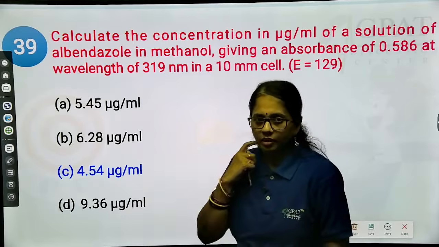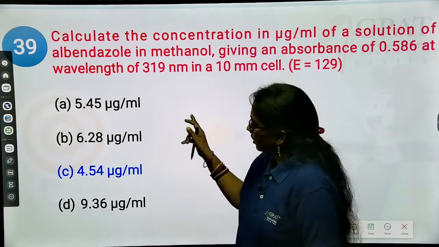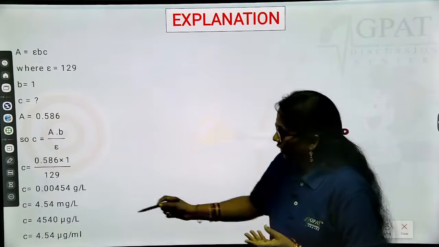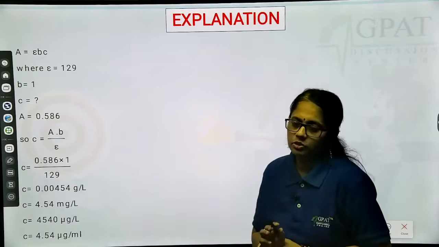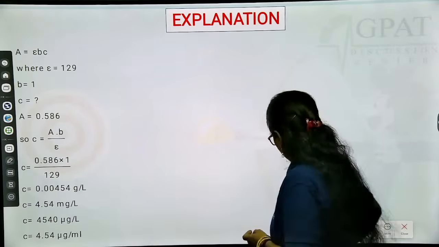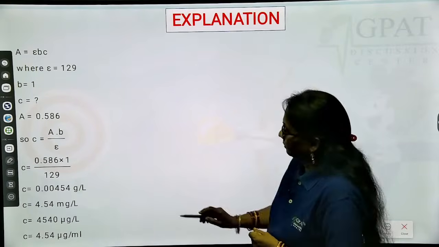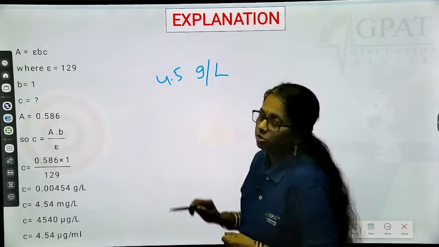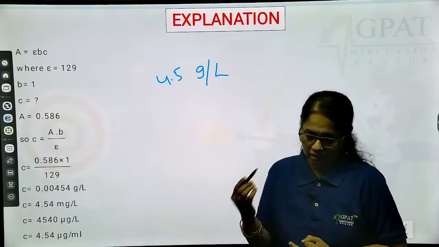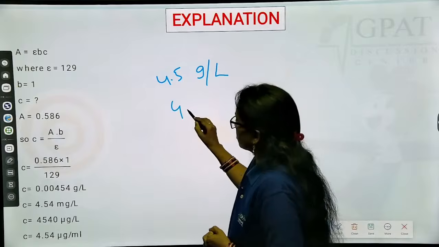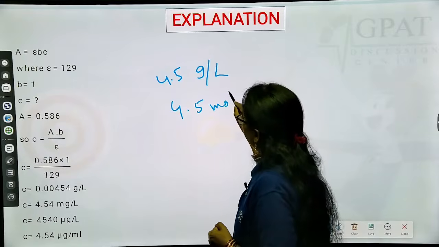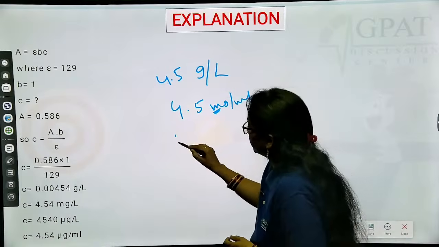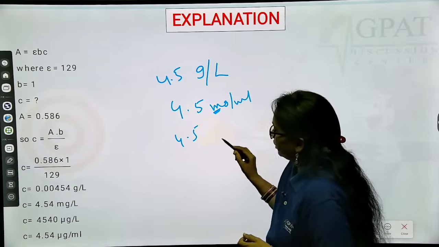Here. But what they are asking is microgram per ml. So whatever concentration we got, that is in grams per liter. You need to convert this to microgram per ml. Gram per liter is also equal to mg per ml. So it is going to be 4.5 milligrams per ml.